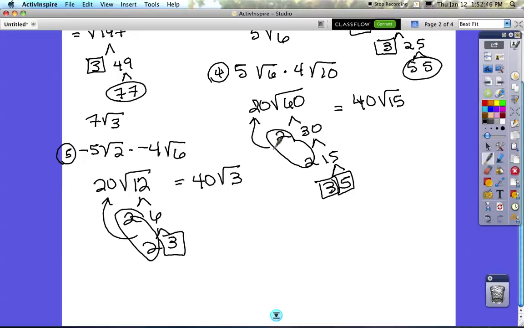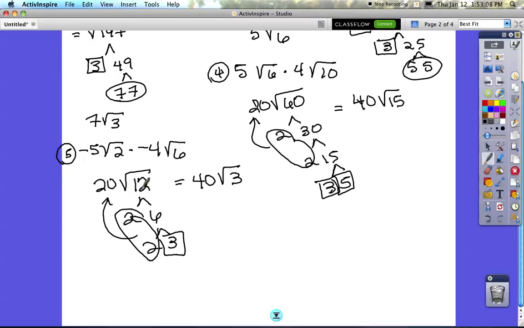We don't have to move it to the outside unless it has a pair. The rule of the house is you get to leave when you have a pair. Go with a buddy. But if you don't, you have to stay under the radical. Because you're taking the square root, you're looking for groups of 2.